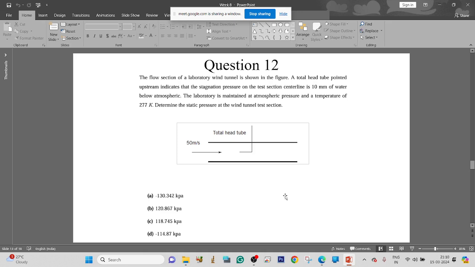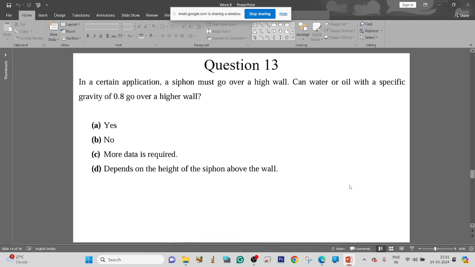The static pressure is equal to stagnation pressure minus dynamic pressure, so 101,226.9 minus 12540, which will be minus 1148773.1 Pascal. That means option D. Okay, so let's proceed to the next question now.